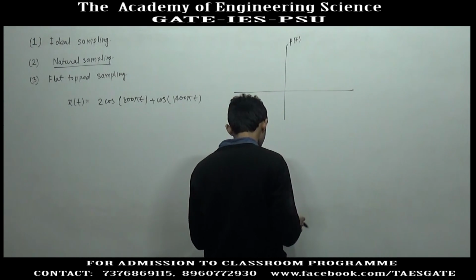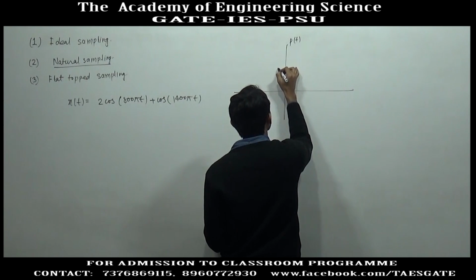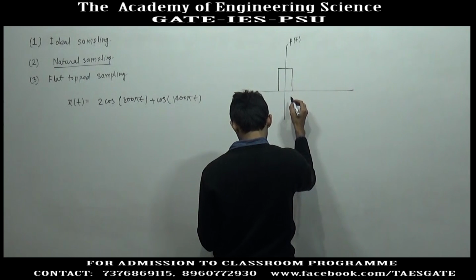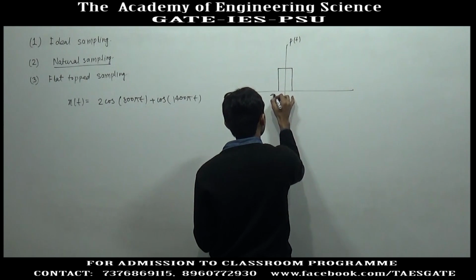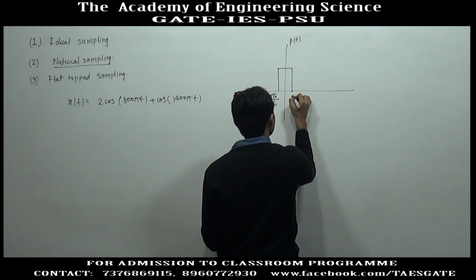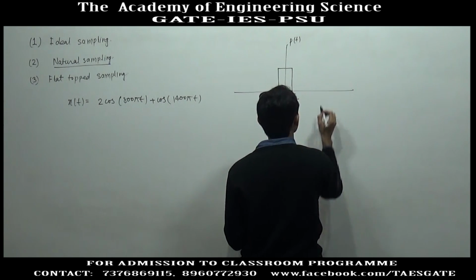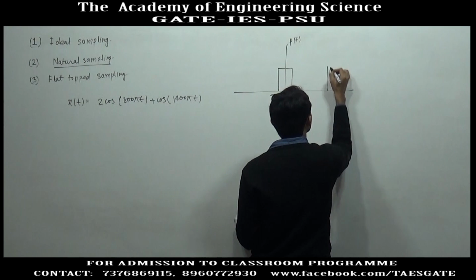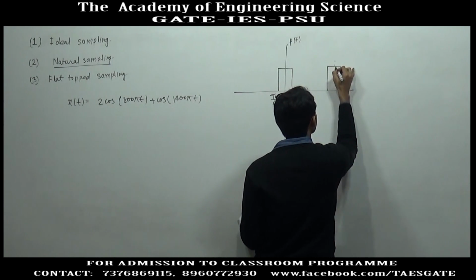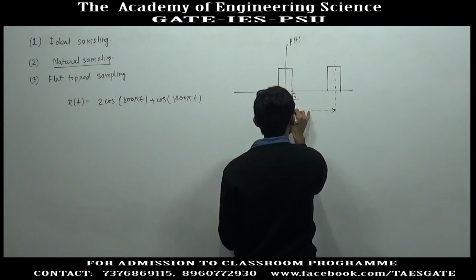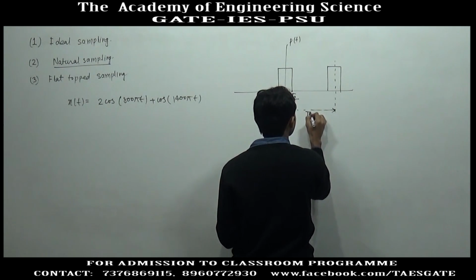The pulse extends from minus T naught by 6 to T naught by 6, and this is T naught.